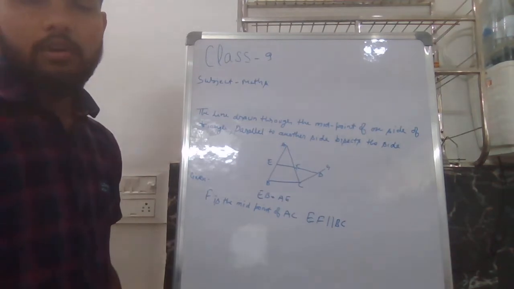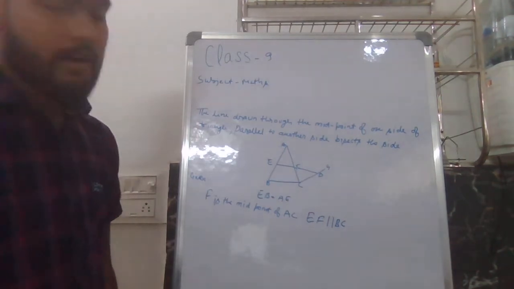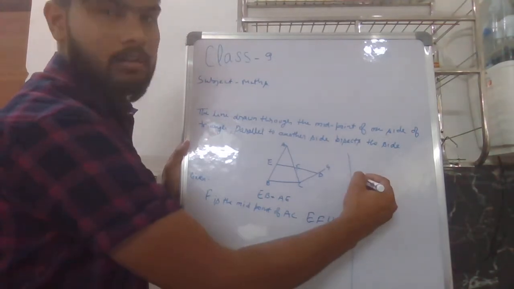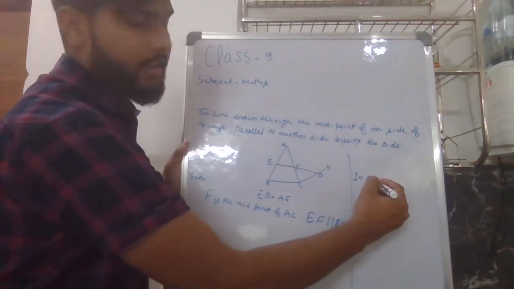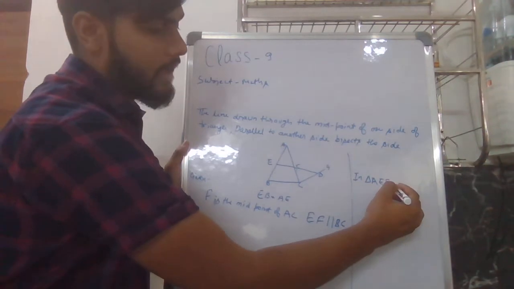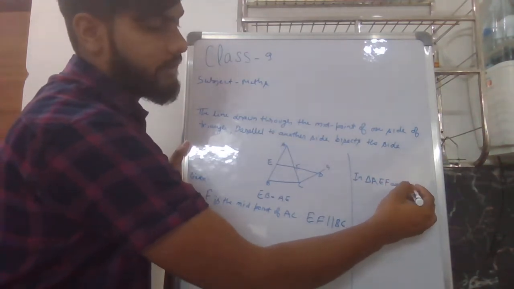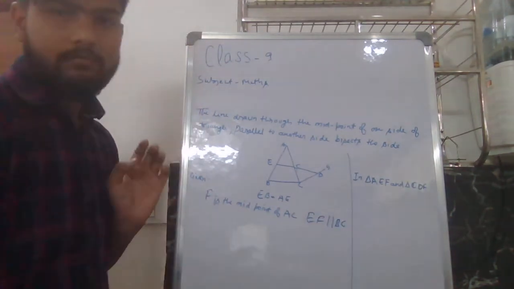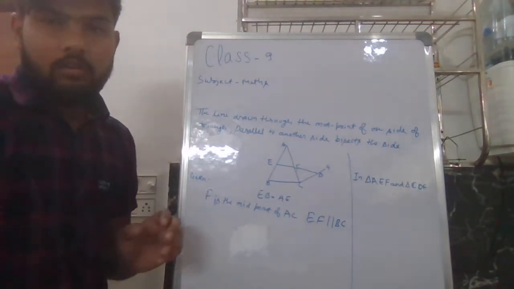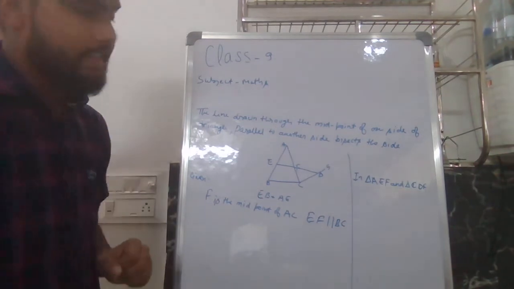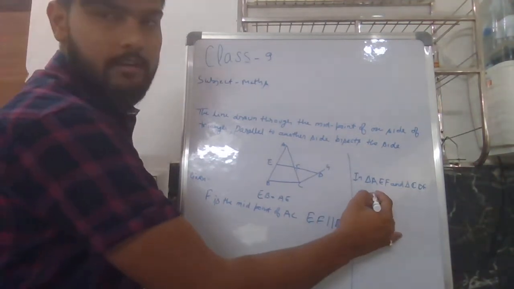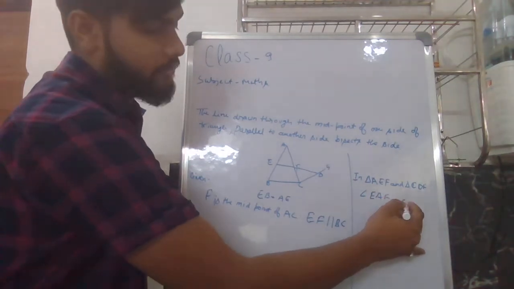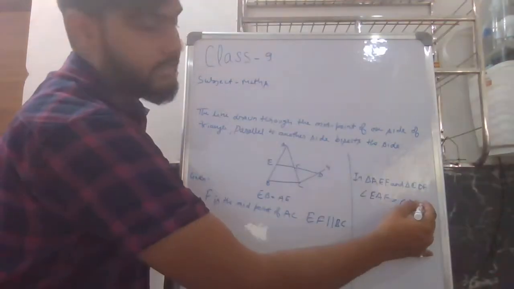Next, we can see that in triangle AEF and triangle CDF, angle EAF is equal to angle DCF.